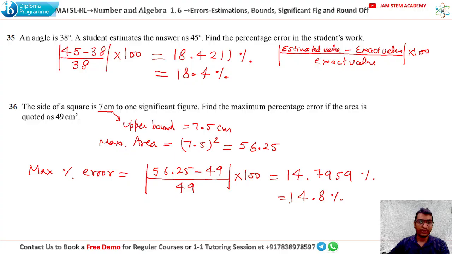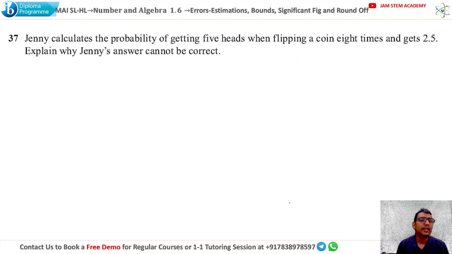Now the next problem, one more question, which says Jenny calculates the probability of getting 5 heads when flipping a coin 8 times as 2.5. Explain why Jenny's answer cannot be correct. The reason is, she is getting the probability as 2.5, but we know the maximum value you can get for probability is 1 and the minimum is 0.